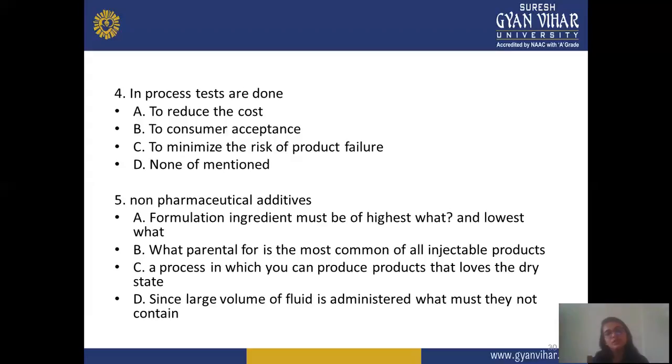Option B is: parenteral is the most common for all injectable products, almost all injected by the parenteral route. And option C is: a process by which you can produce a product that allows a dry state. And since a large volume of fluid is administered, what must they contain? A large amount of fluid is administered by the parenteral route, or you may use pharmaceutical additives. So for the non-pharmaceutical additive, select any one option A, B, C, D which is correct.